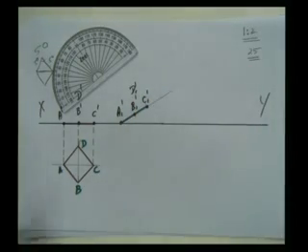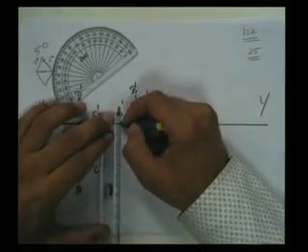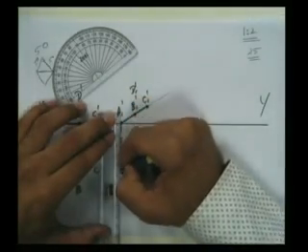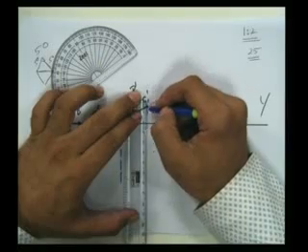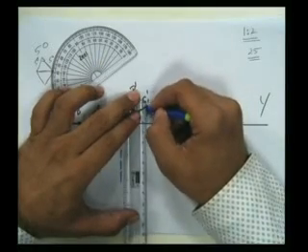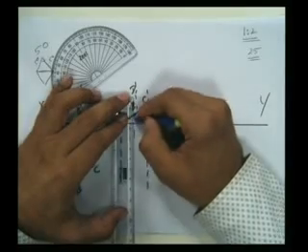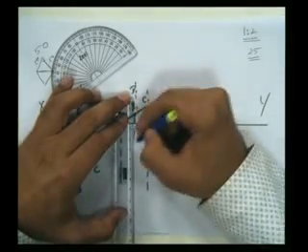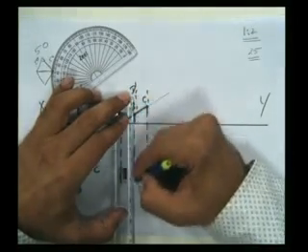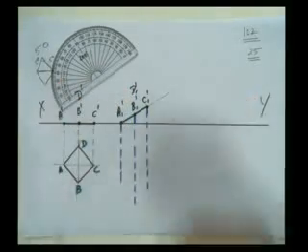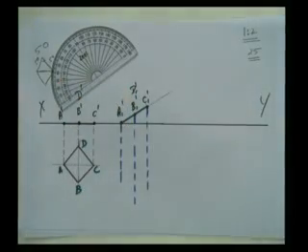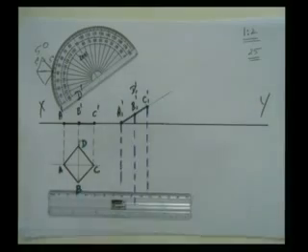What next? Project them downwards. Now project them where?